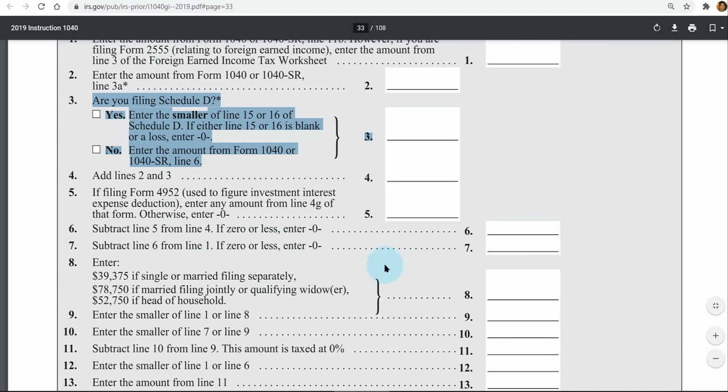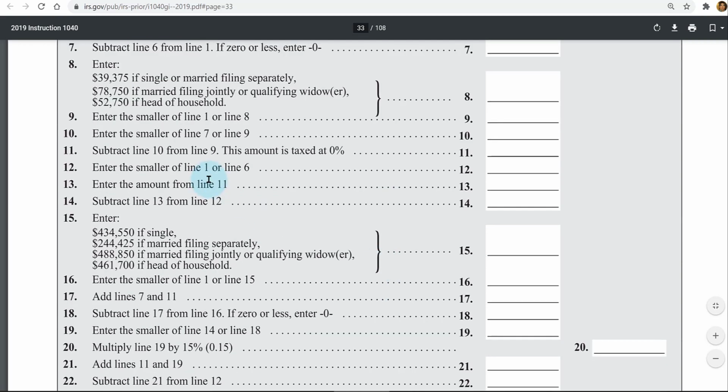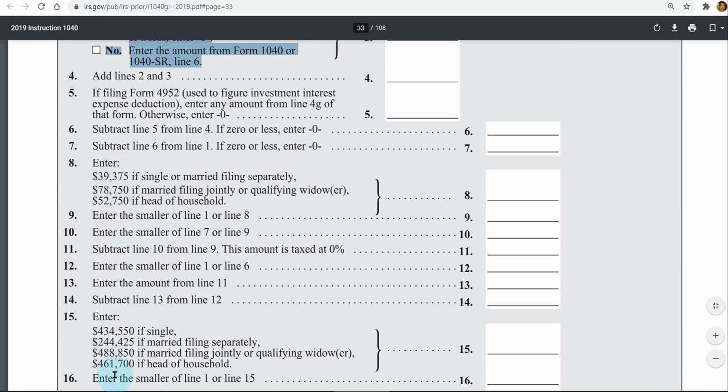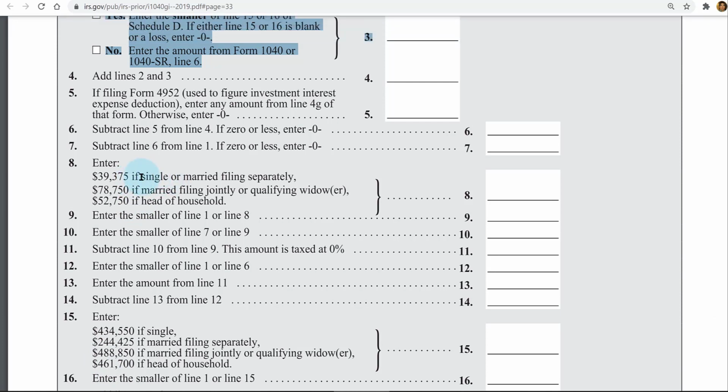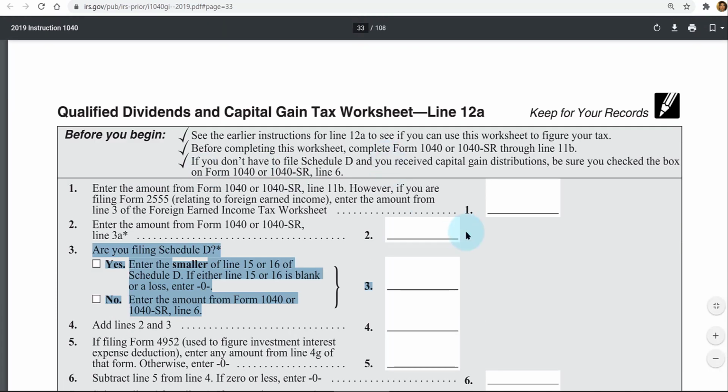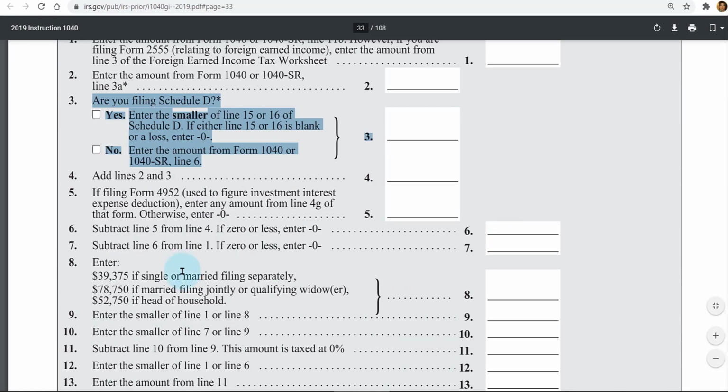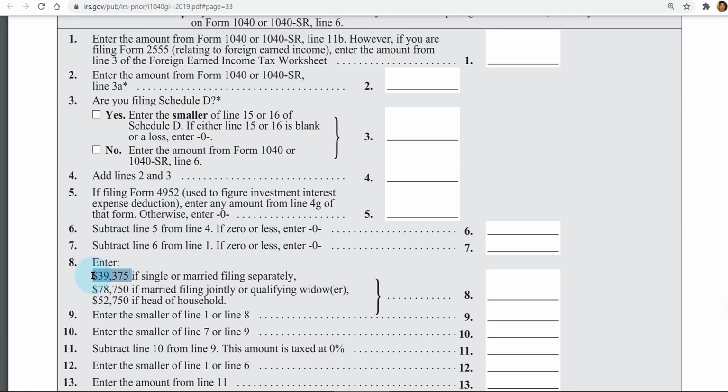So if you see these large dollar amounts here and down here, in the case of a single filing status taxpayer, if their taxable income, that's this line 1 up here that includes the qualified dividends and capital gains, is less than this $39,375, that means the qualified dividends and net capital gains get taxed at this amount here.